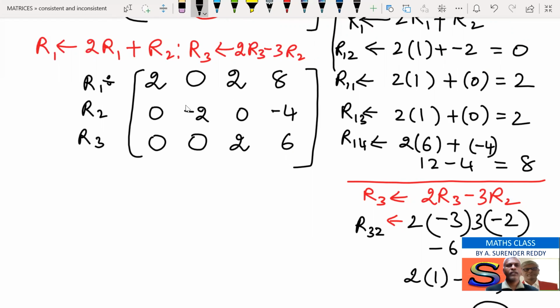Now look at this. In the next step, we can simplify the rows. Let us simplify R1 with 2. Dividing R1 by 2 gives 1 0 1 4.